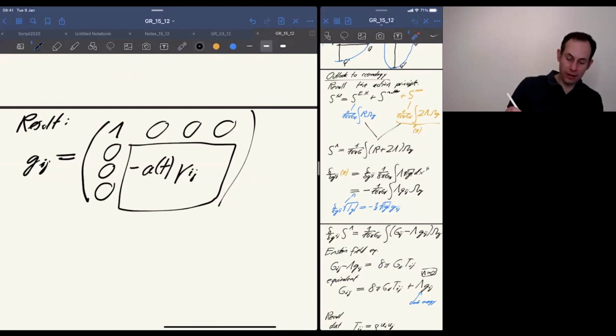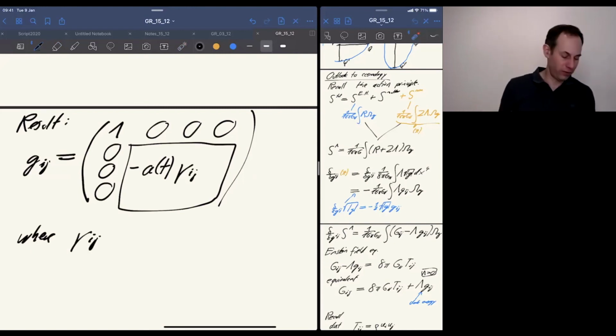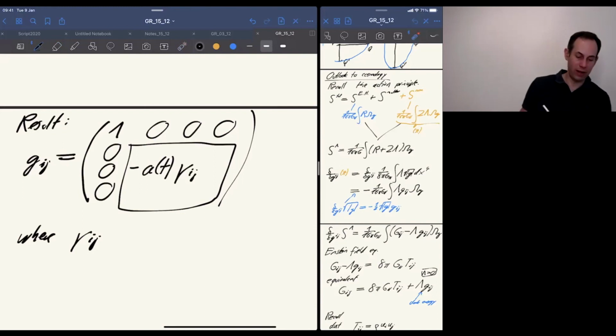Now I have to say what gamma is. Gamma has nothing to do with the gamma that we introduced in the context of gravitational waves. We are now in a different chapter.